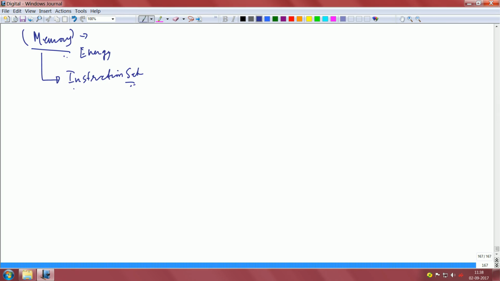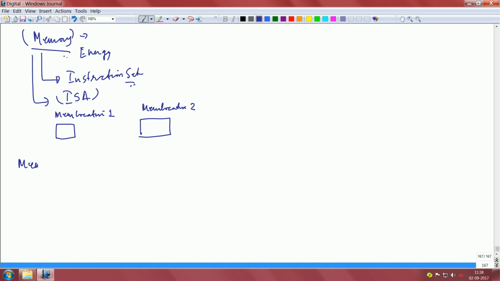The instruction set architecture, or ISA, is tightly tied to the memory itself. Let me give you a very simple example of the importance of this. Supposing you have a memory location, and you have another memory location, memory location 2, and this is 1. Now, let us say you want to do a memory to memory copy.